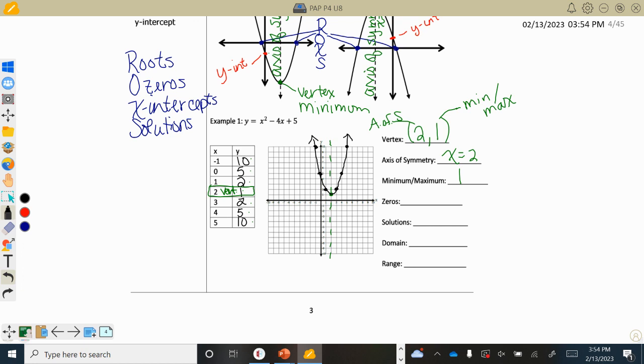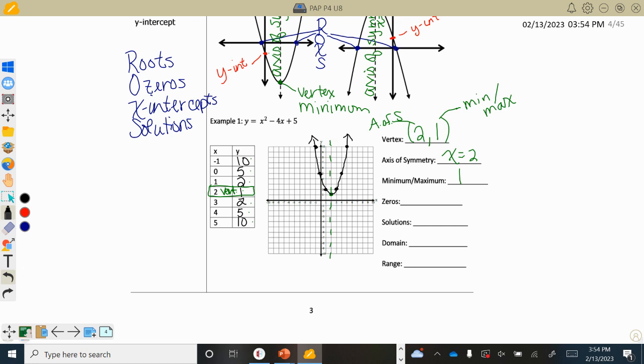If you remember back to elementary school when you first learned about symmetry, symmetry means you can fold something in half and the two halves are exactly the same. On a parabola, if you fold it in half at the vertex, that would be your axis of symmetry, and both sides of the parabola are exactly the same.